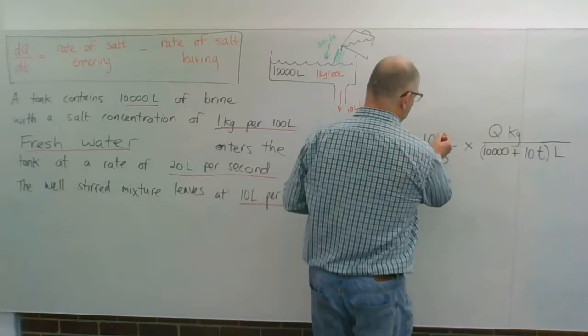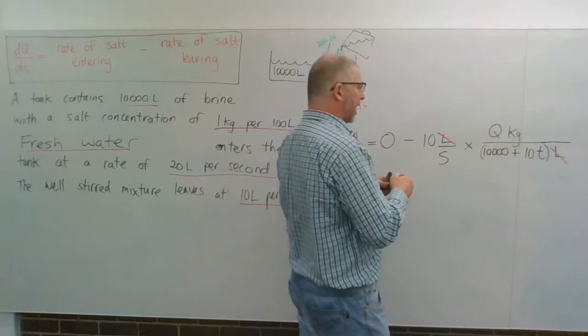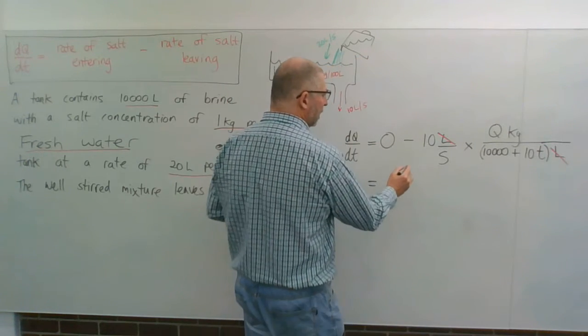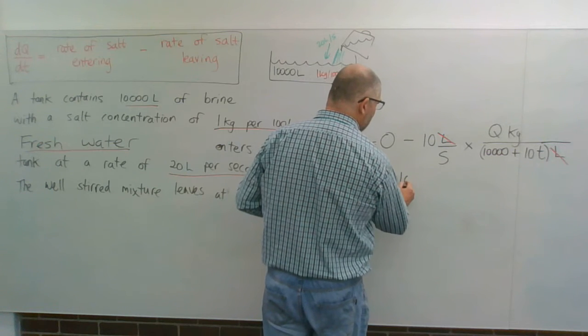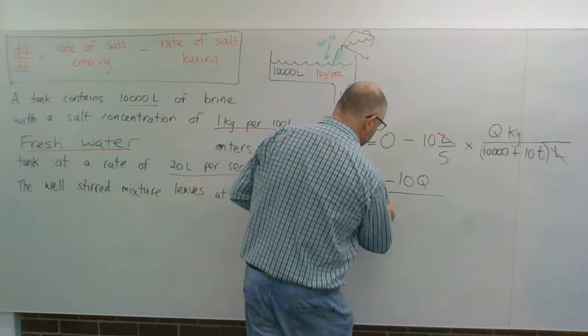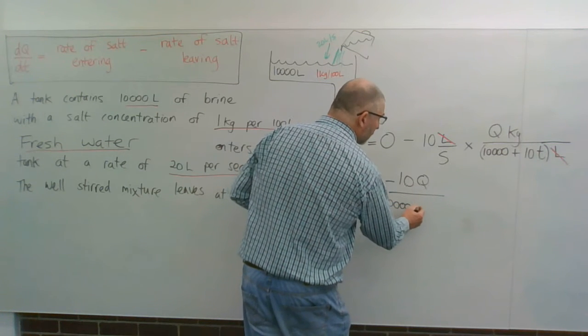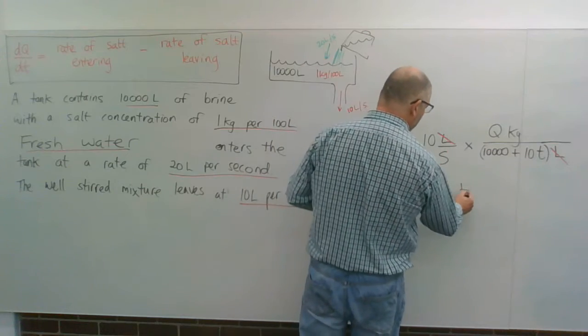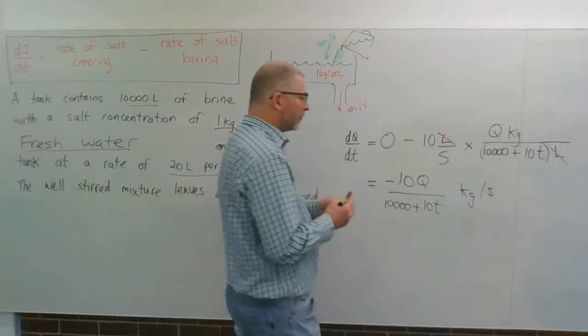All right, so that litres cancelling out, and we get dQ/dt equals minus 10Q over 10,000 plus 10t, and it's kilograms per second.